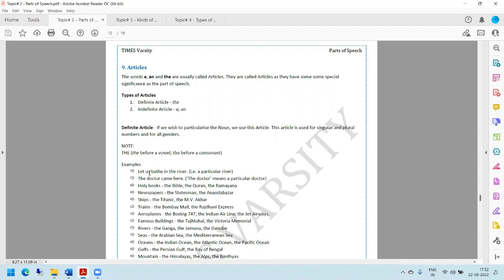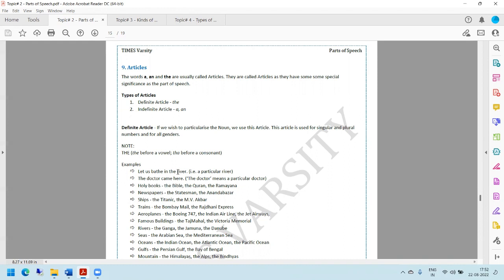Now, in this sentence, let us bathe in the river, we are talking about a particular river. We are not talking about any river, a particular river, right? So, then the is used.